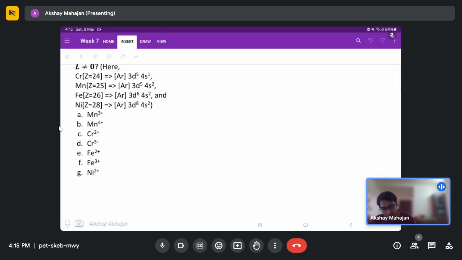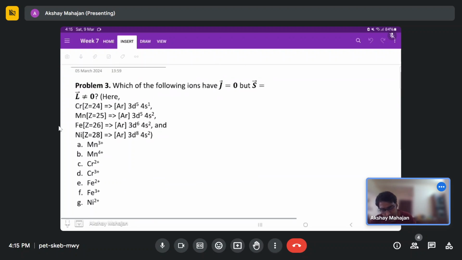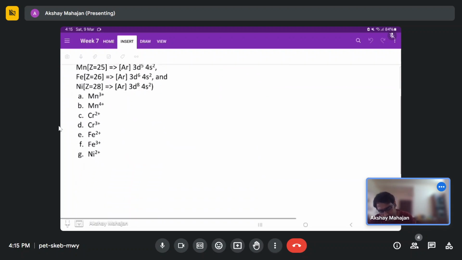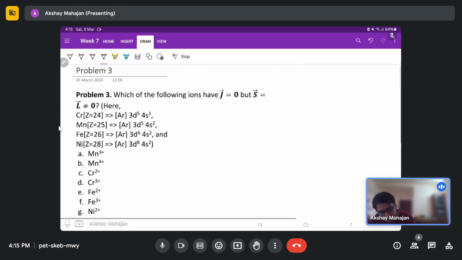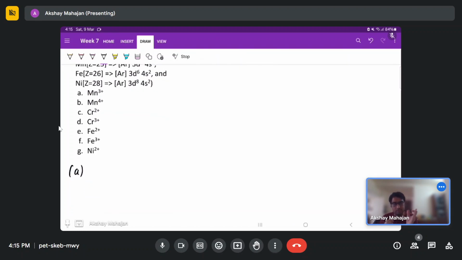This is a simple problem of Hund's rule. J equal to 0 happens when the shell is one electron short of half filled, as you might have seen in the lecture. So let's just do this problem.